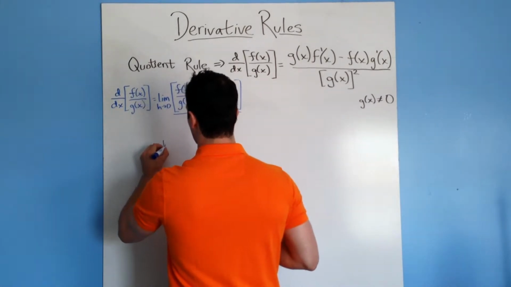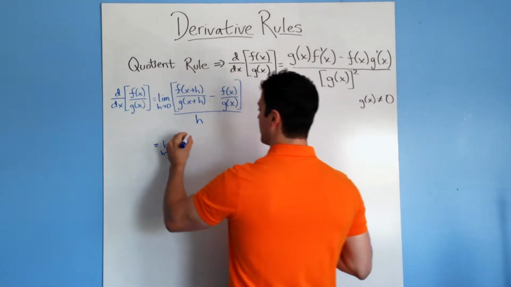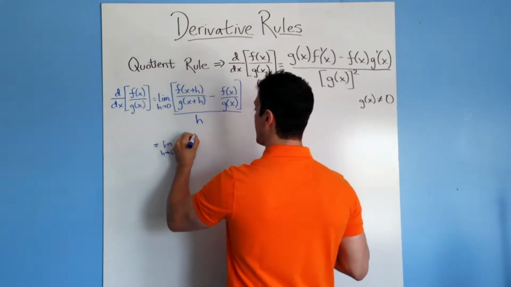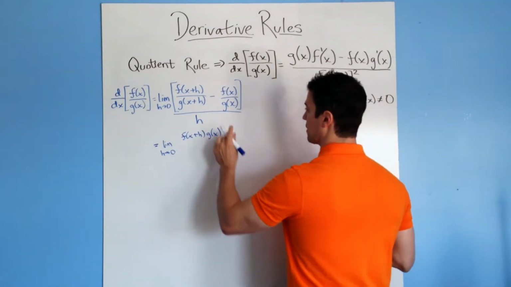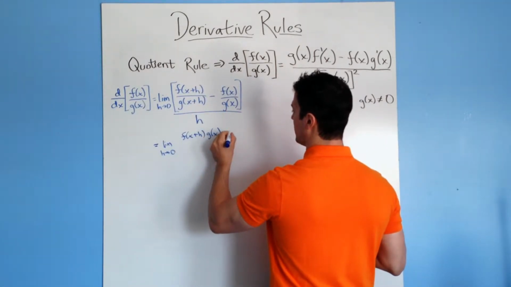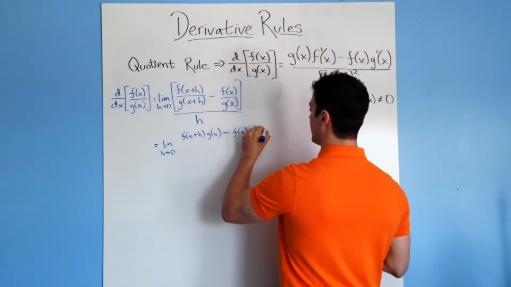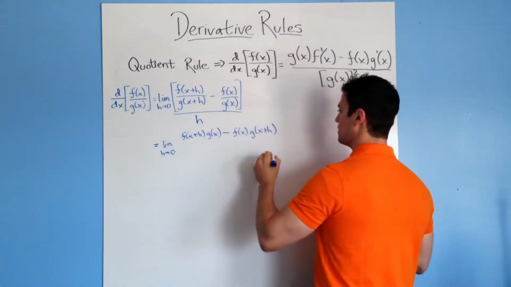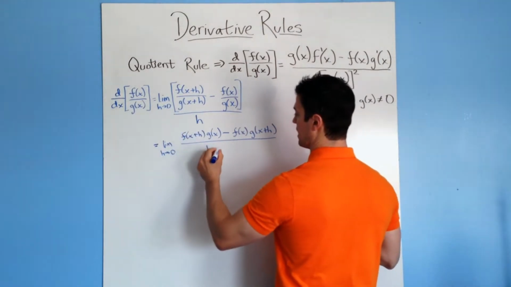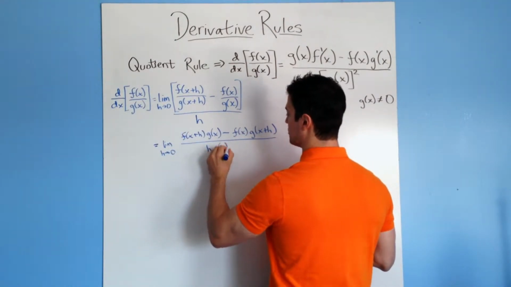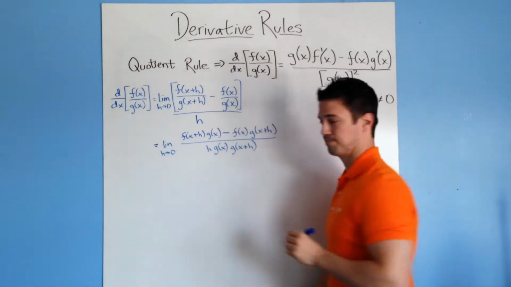So limit as h goes to 0, you're going to end up with f of x plus h times g of x, so they multiply this by this, minus f of x times g of x plus h, all over h times, now we have to do the common denominator, which is g of x times g of x plus h.